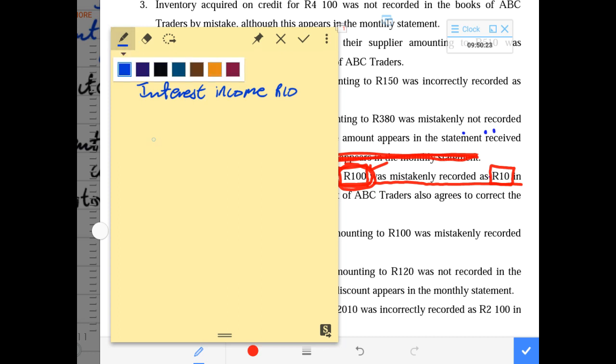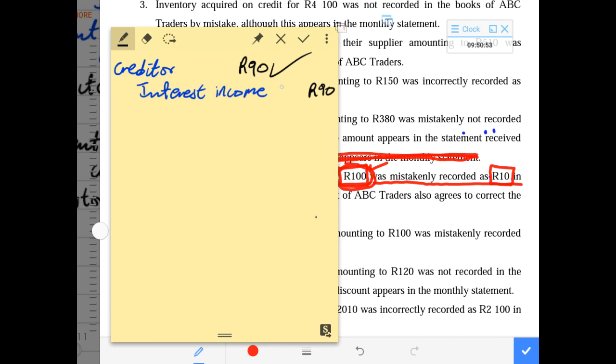So that means we were supposed to have decreased our creditor by more, which is 100 rand, but we only decreased it by 10 rand. So now we just have to adjust it by 90 rand. This will be the correct entry to record: 90 rand on the debit side, where we debit our creditor and increase our interest income.